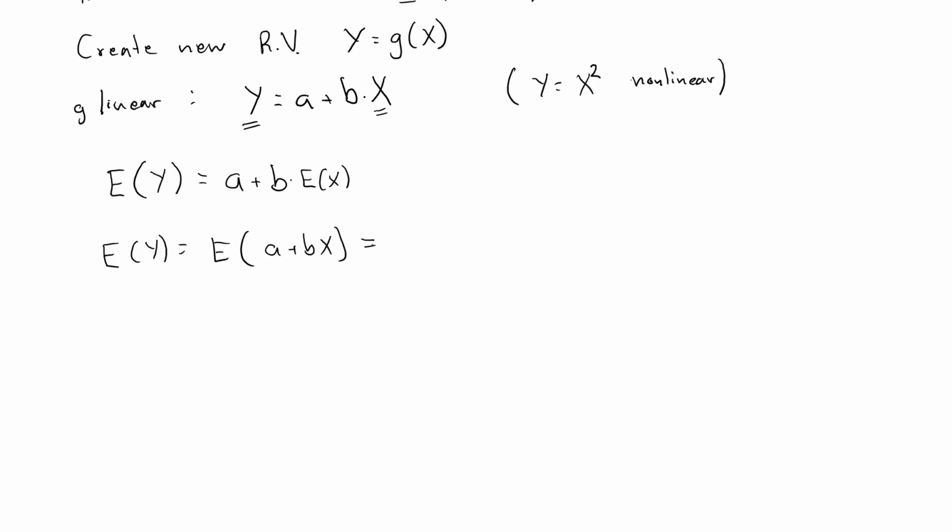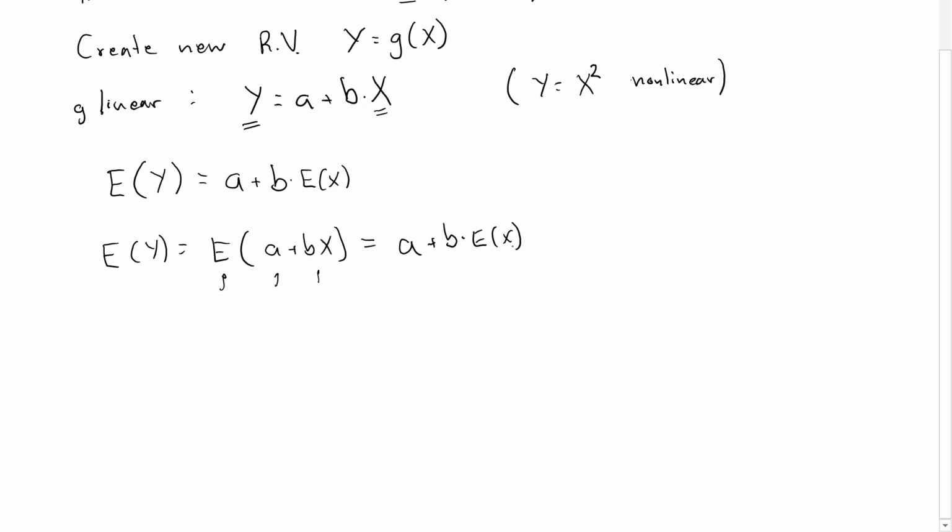So we take this E on the a term and on the bx term. The expected value of a, that's the expected value of a constant, is that same constant. And then we take it inside b times x, so the result is this.